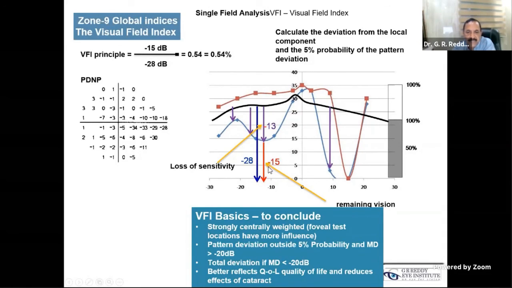This 15 dB is converted into percentage, and all the points are again converted to percentage. So minus 15 by minus 28. How much vision did he have? Still he can lose another 15 dB to become 100% loss. Still he has this 15 dB vision, and this is now expressed as a percentage.